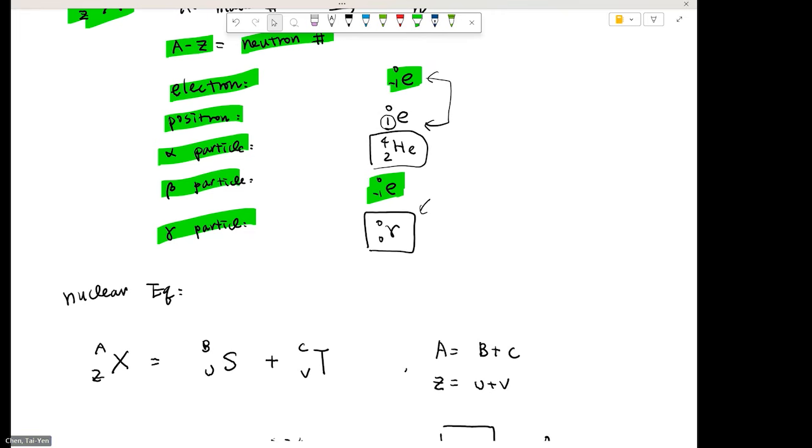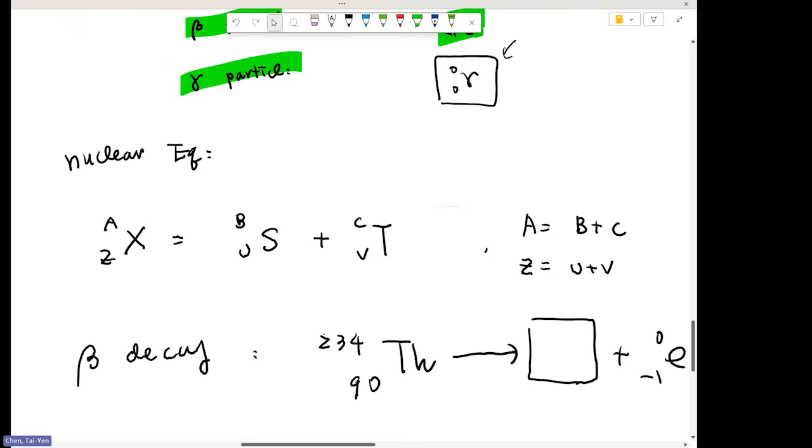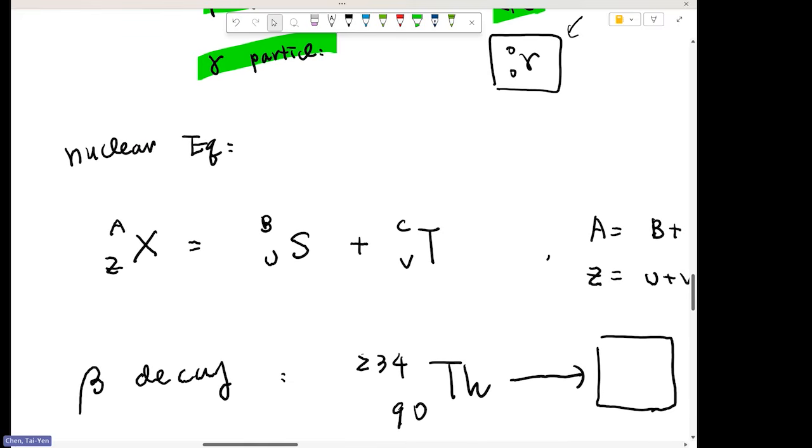And the electron we're talking about is not a random electron surrounding the nucleus, but an inner electron generated from your nucleons. But it doesn't matter that much. The thing that's important here is this.